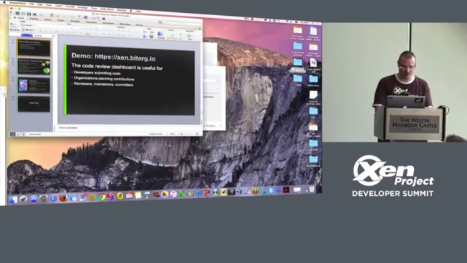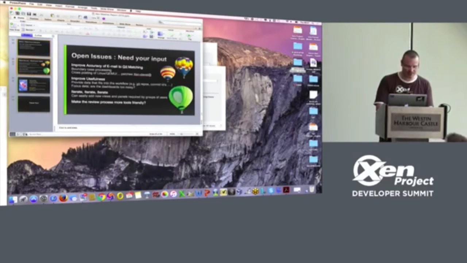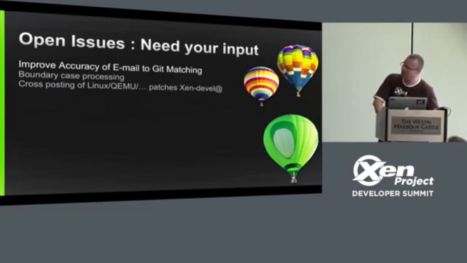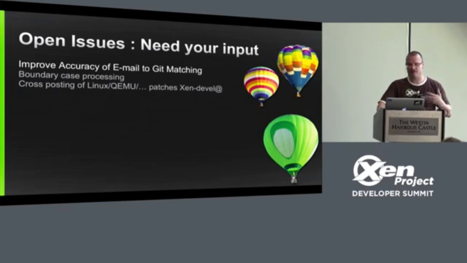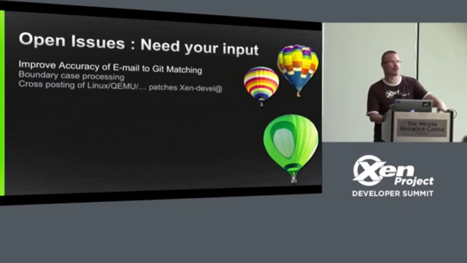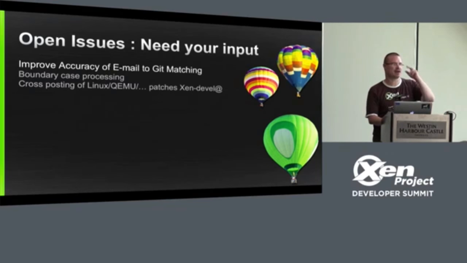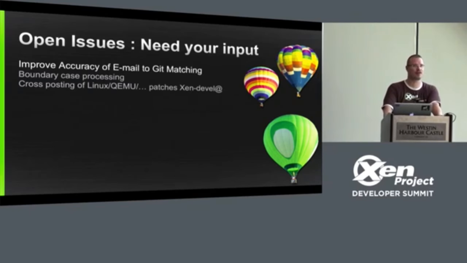So to close the talk and summarize, I need your input on the code review process. And there's a few things where we know we have some issues. There's a lot of cross-posting, for example, on xen-devel today, and we're only matching commits to our own repositories. At some point, we want to match them to other repositories like the BSDs and Linux, libvirt, and so on as well.